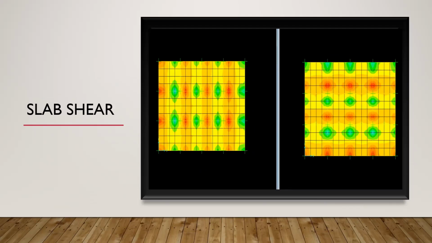And next is slab shear. The hot tone colors show the negative values, and the cold tone colors show the positive. The yellow means 0.